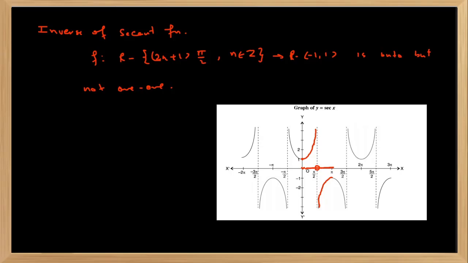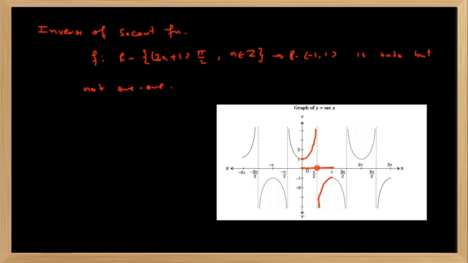Other branches are pi to 3 pi by 2, excluding 3 pi by 2, and then 3 pi by 2 open to 2 pi closed, meaning pi to 2 pi excluding 3 pi by 2. So these are other branches.